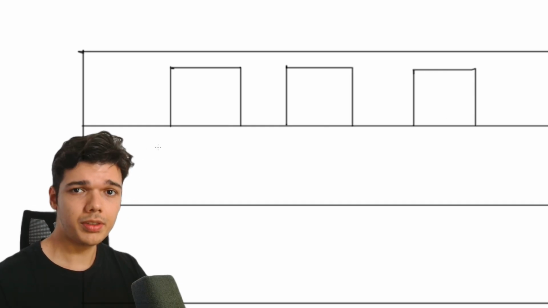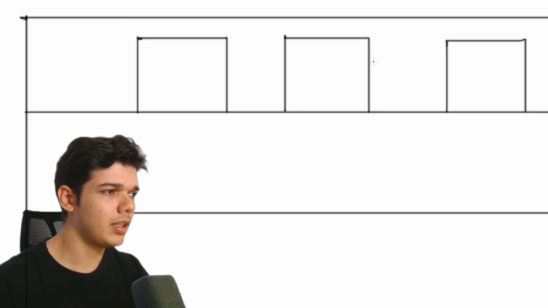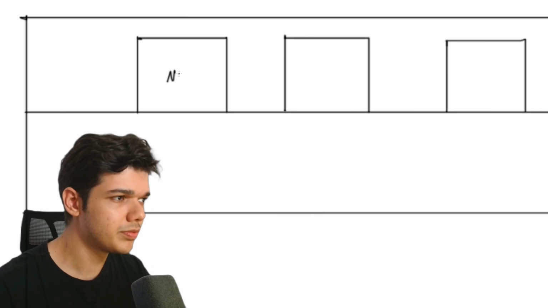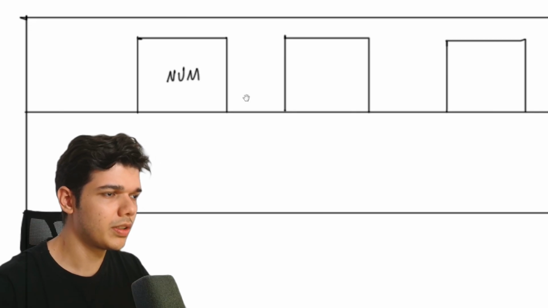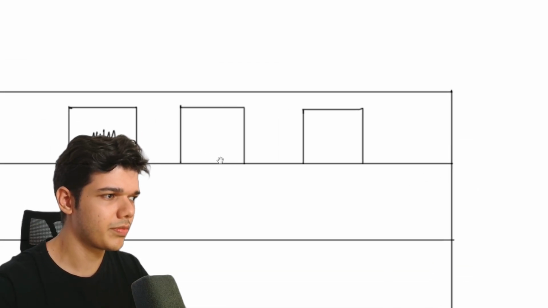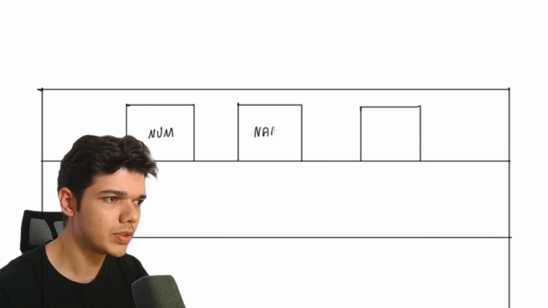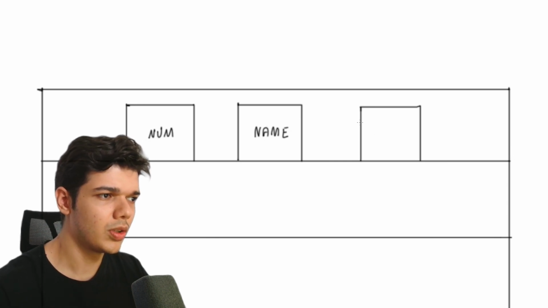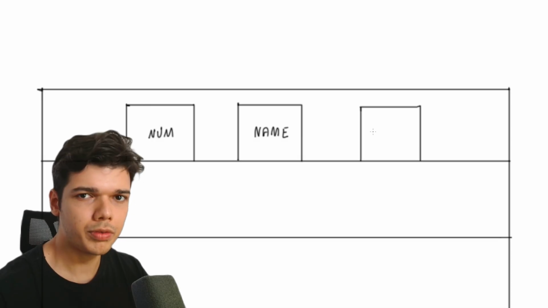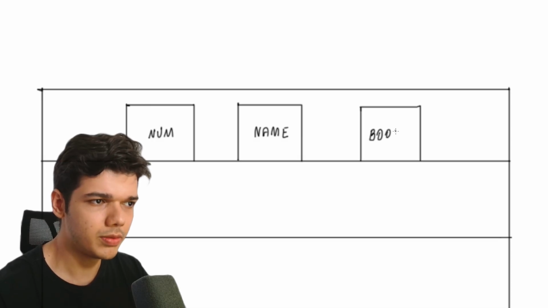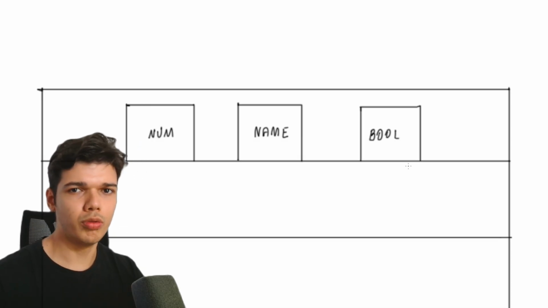Each box is designed to contain a specific kind of information like a number, a name, or a true-false value that we call bool or boolean.